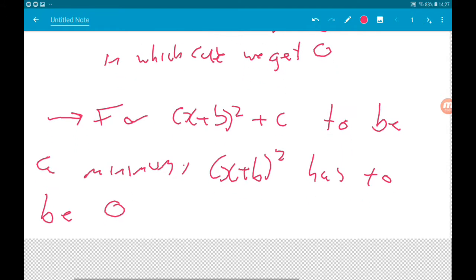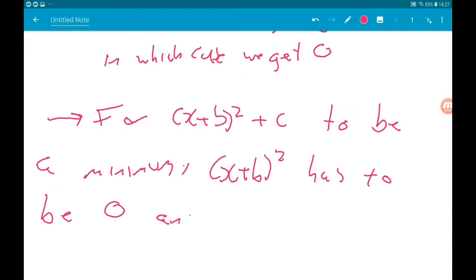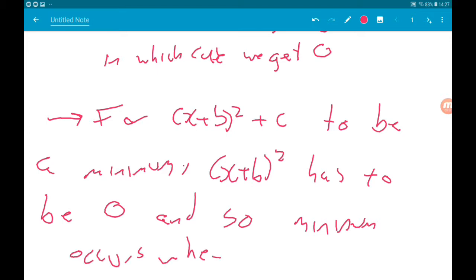And so the minimum occurs when x is minus b.